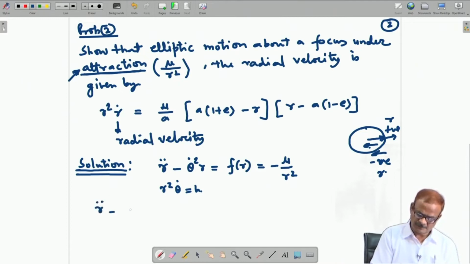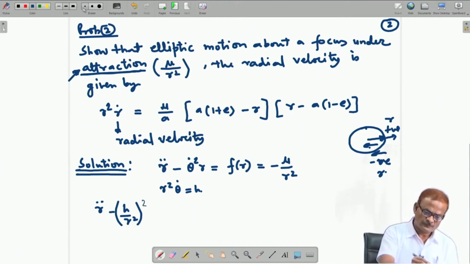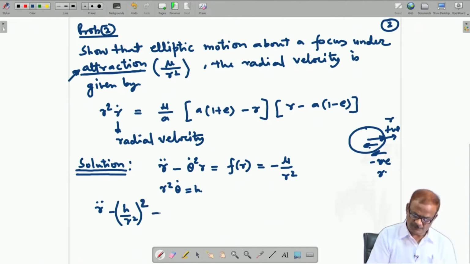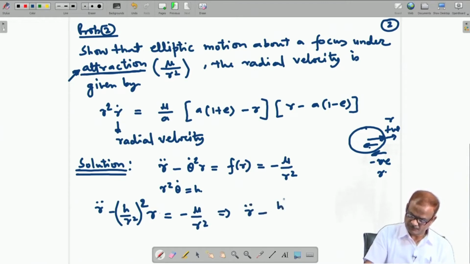So, r double dot minus theta dot, which is h by r square, whole square, times r, equals minus mu by r square, and this implies r double dot minus h square by r cube equals minus mu by r square.